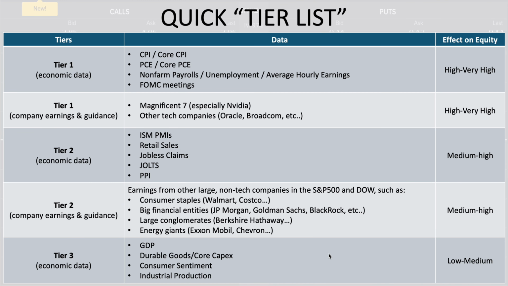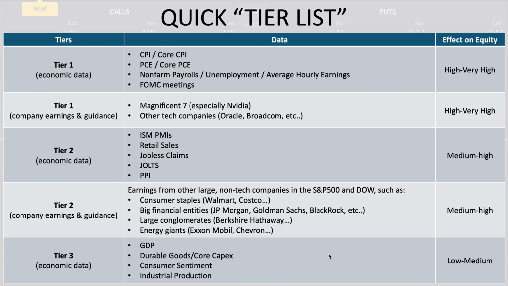The Magnificent Seven, especially Nvidia, which is the biggest of the seven, are the ones that move the market, and you can see that there's a lot of expectation among investors when these earnings are about to be released.